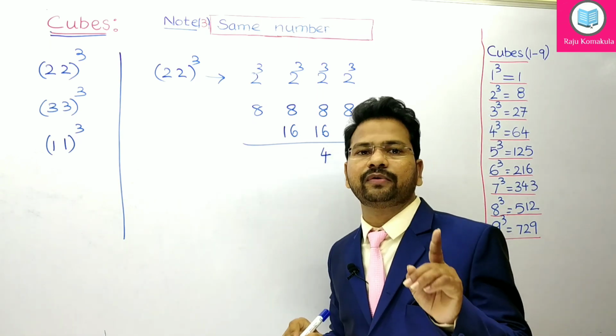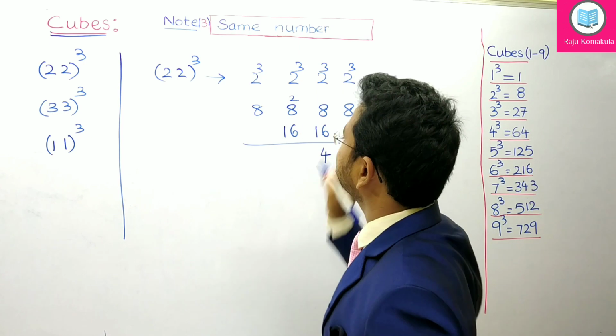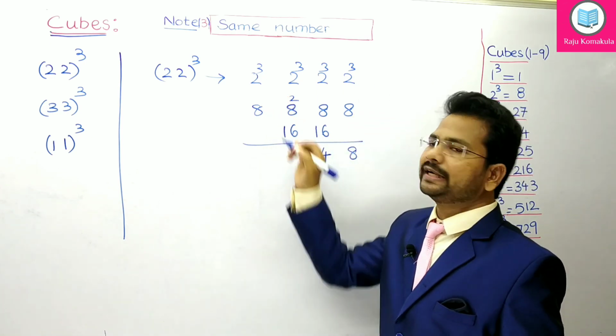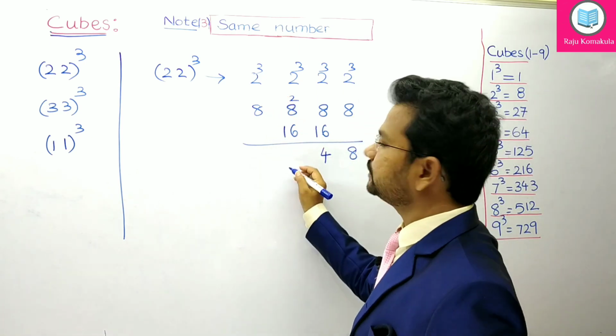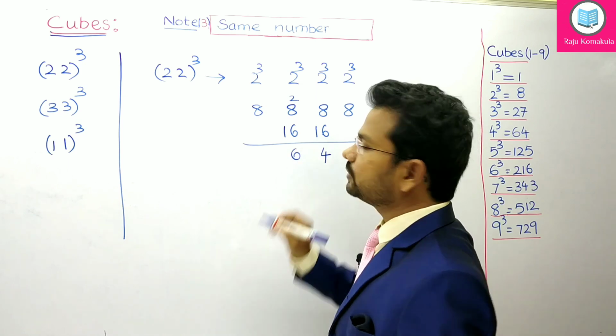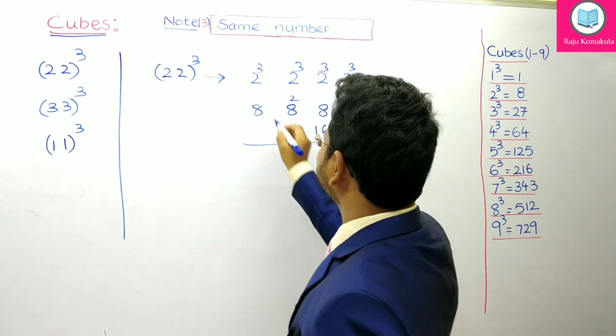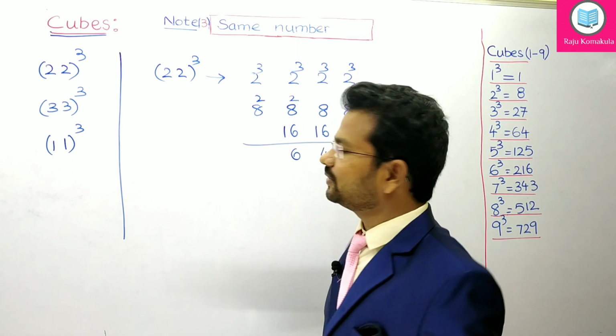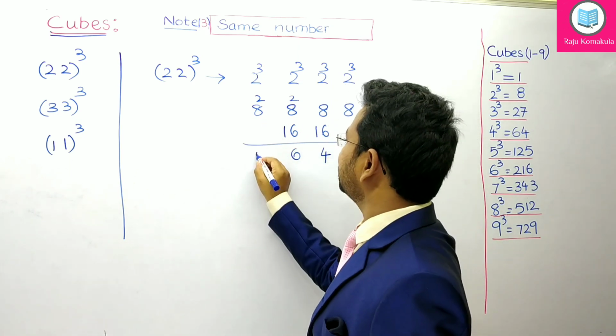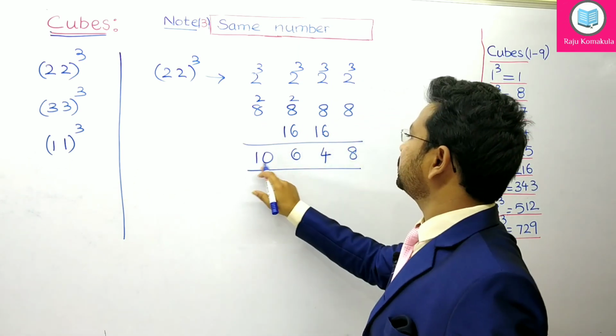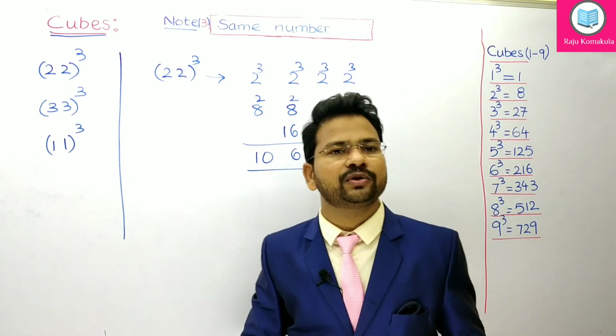You have to take only one digit; carry the rest. So 2 plus 8 is 10. 10 plus 16 is 26. 2 here. 2 plus 8 is 10. 10648 is the cube of 22.